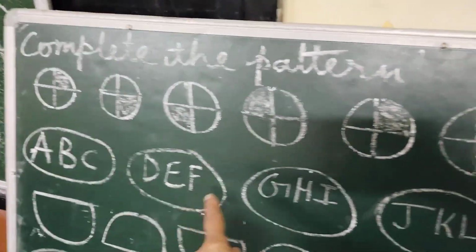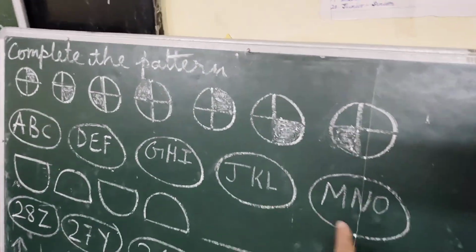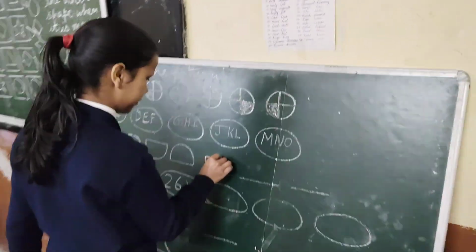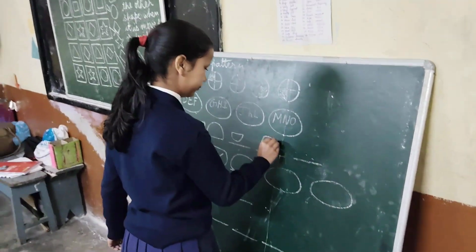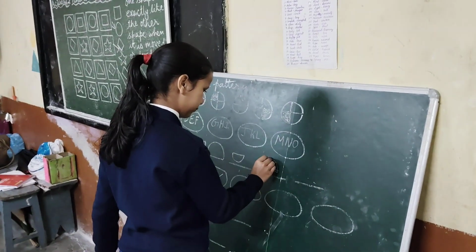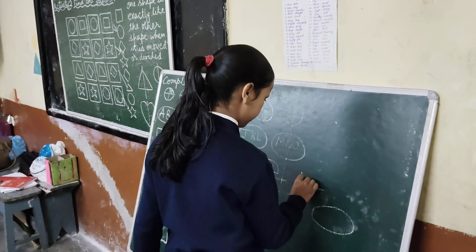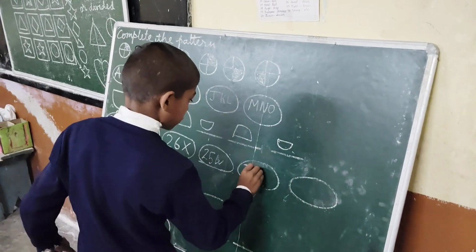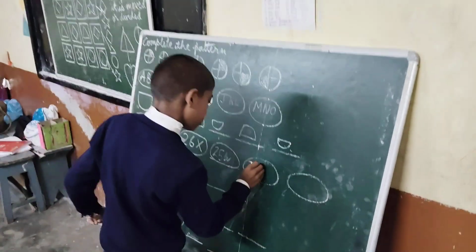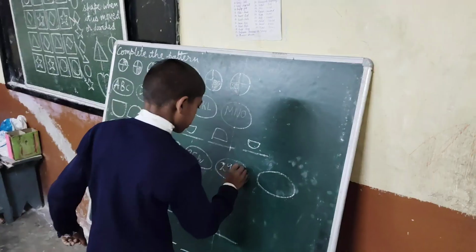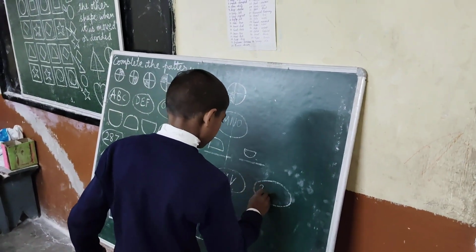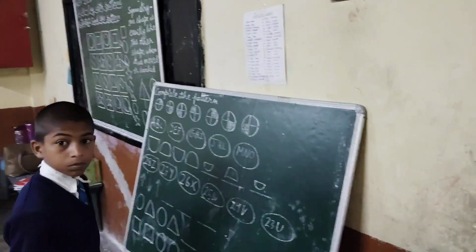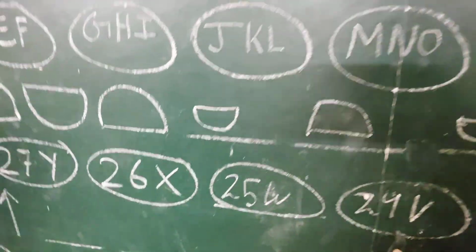A, B, C, D, E, F, G, H, I, J, K, L, M, N, O. Yes, miss. Yes, Aditya. Is he correct? 25.